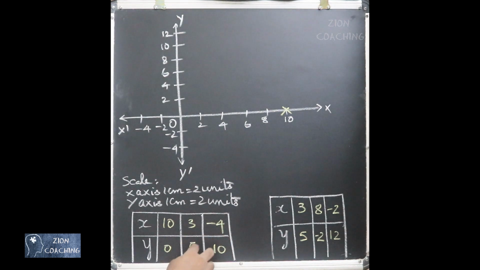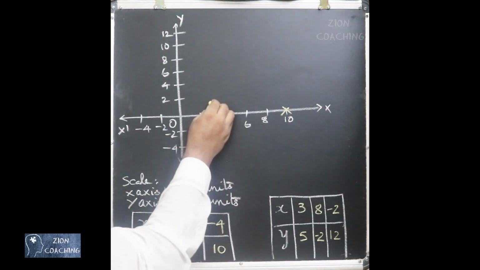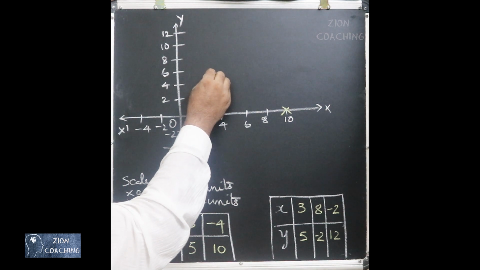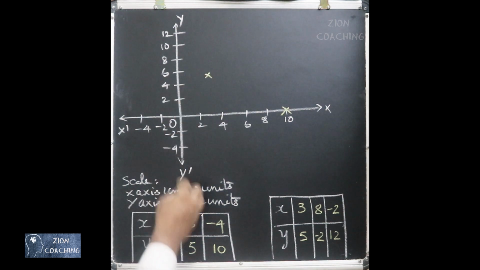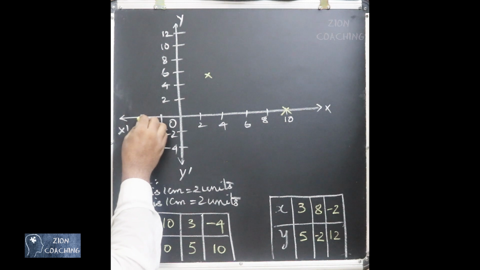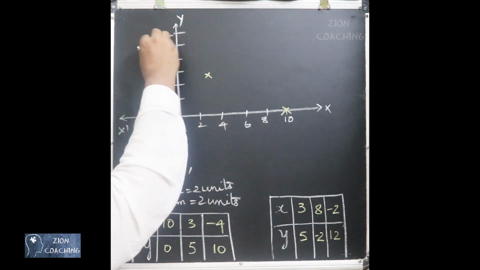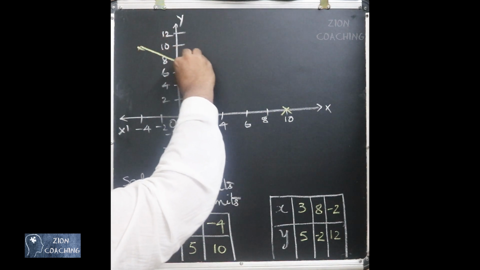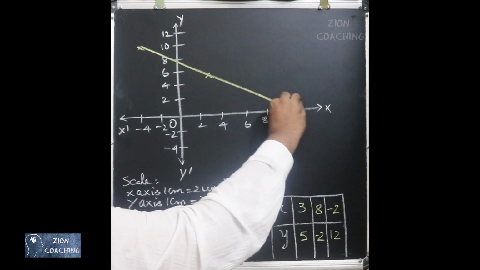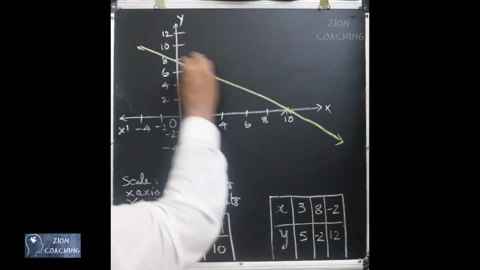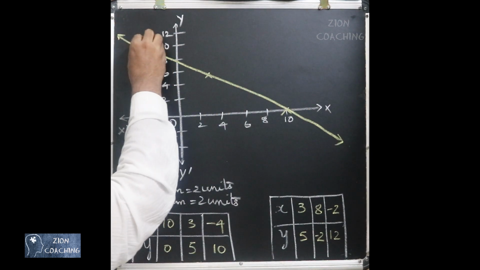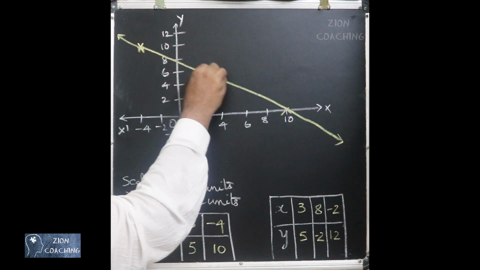Then we have (3, 5). (3, 5) is here. Then we have (minus 4, 10). Now when you join these 3, you get a straight line. You produce it in both the directions.